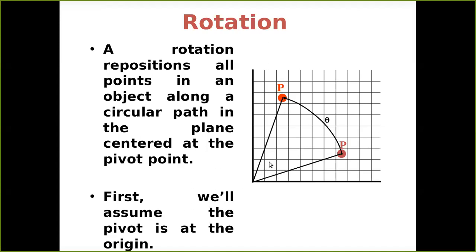So theta is the angle you are changing: you are rotating this point P by theta anti-clockwise. With this vector, the x-axis is now rotated by how much? Theta plus phi. Theta is between this and phi is between this.